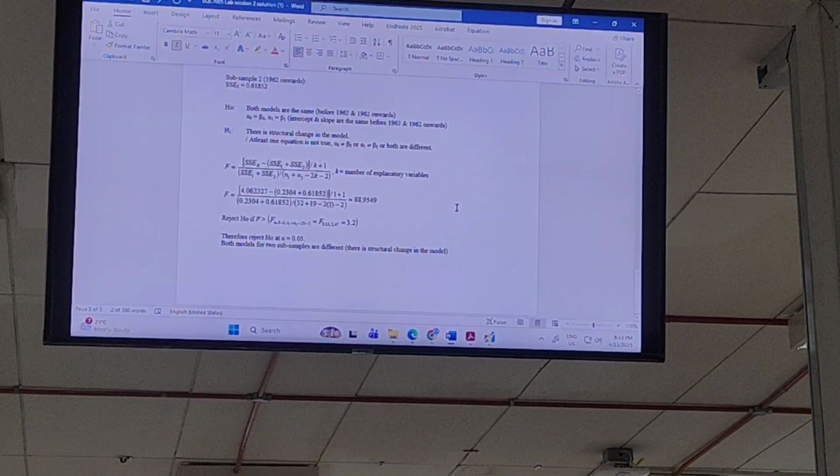So therefore we reject. So both models for this example are different. There is a structural change between the given time, before 1962 and after, starting from 1962. So we cannot assume the form of relationship remains the same before and after.